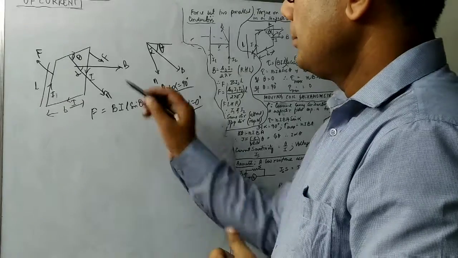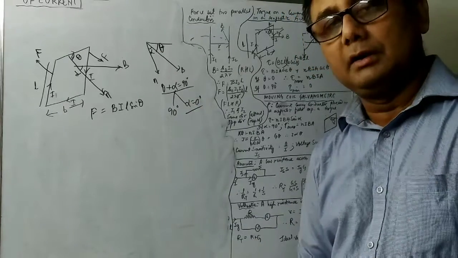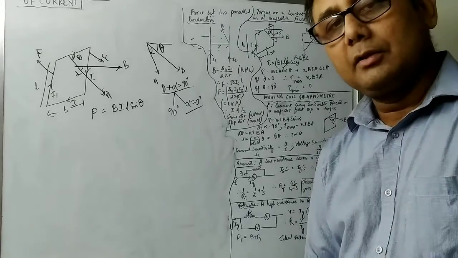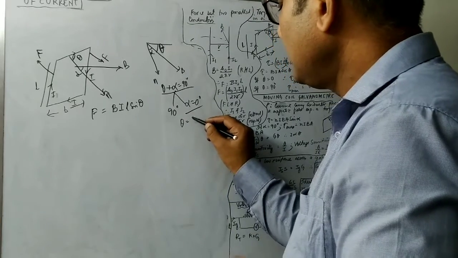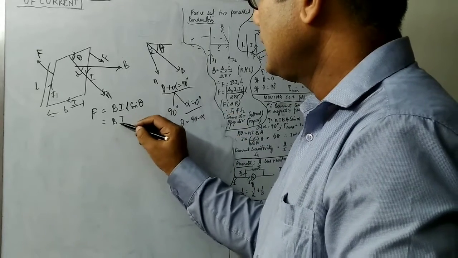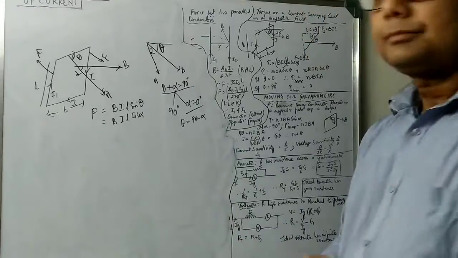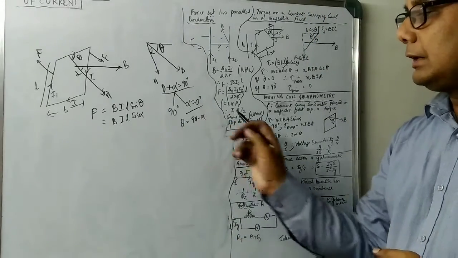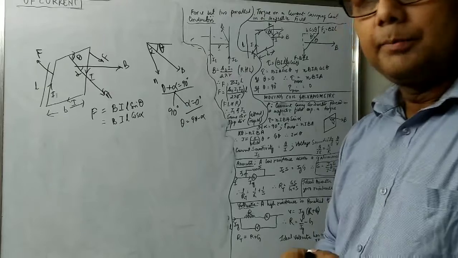But here, theta is the angle of the plane with the magnetic field. And if I want to change theta, theta will be 90 minus alpha. So I can easily write BIL cos alpha, because sine of 90 minus alpha is cos alpha. This is the force acting.